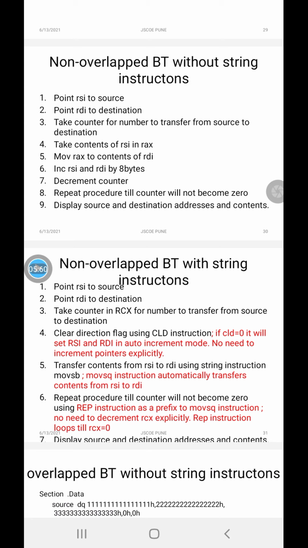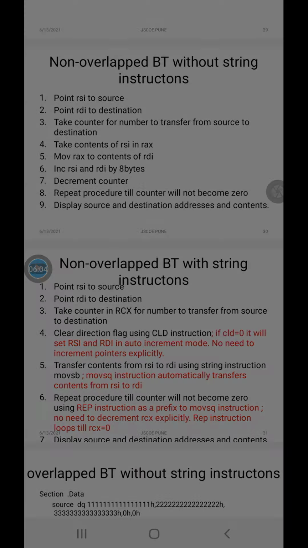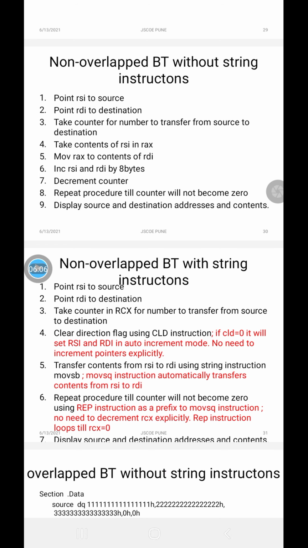Now see, in this case, suppose we have declared the array of bytes, then we have to increment the pointers by 1. But if we have declared the array as a word array, then I have to increment the pointers by 2, because to point to the second element of the source array I have to go further by 2 locations so that I can point to the next element of the source array.